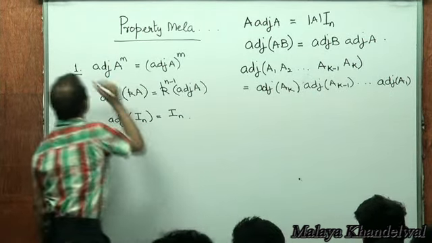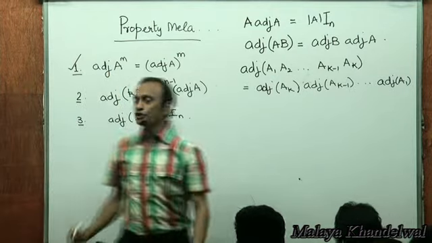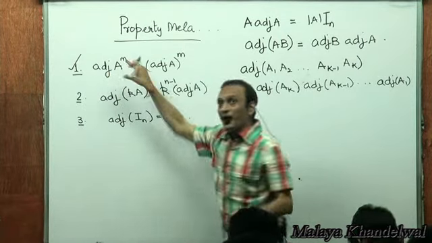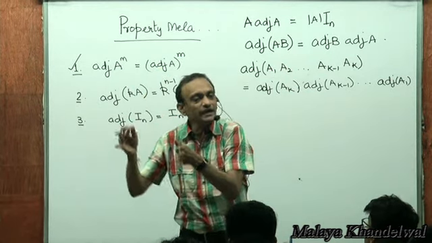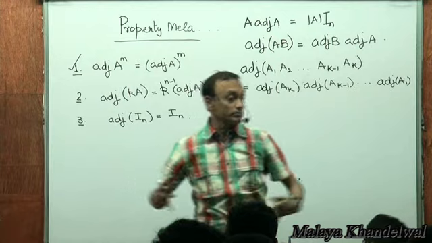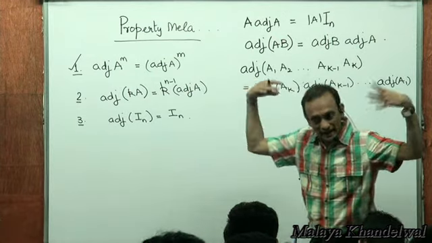Now, let's look at yet another property, the adjoint of a matrix A power M. A power M means A into A into A, M times. Matrix A multiplied M times.